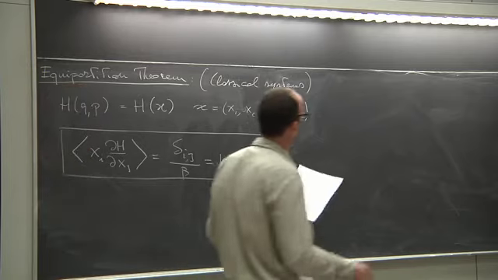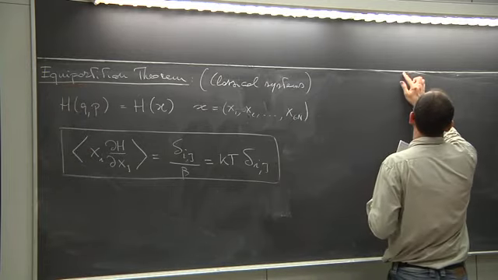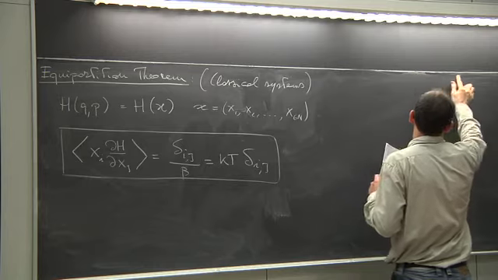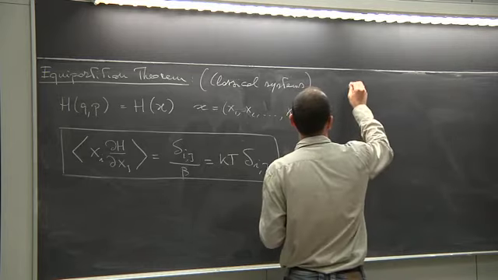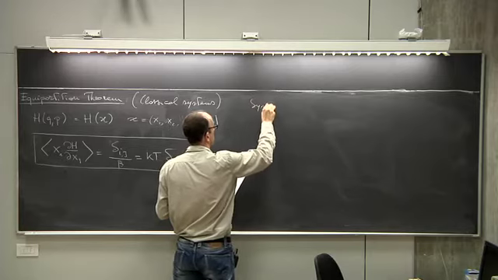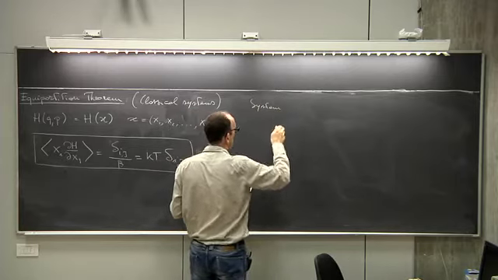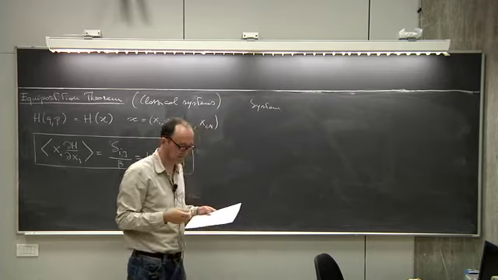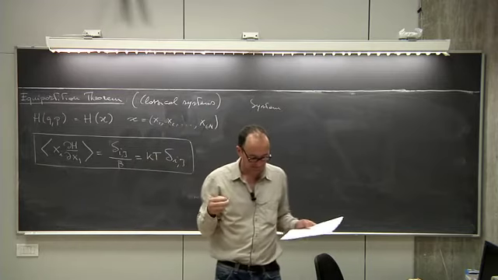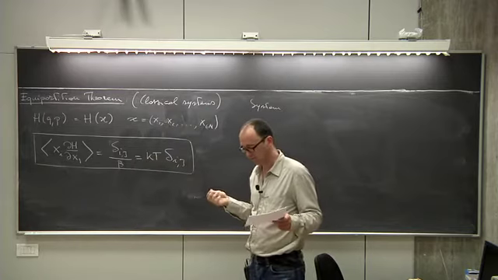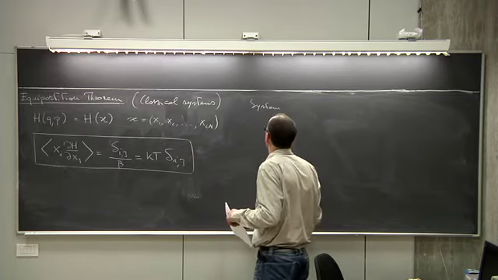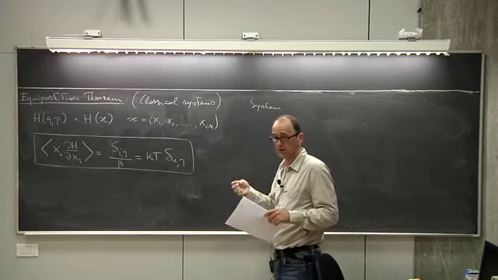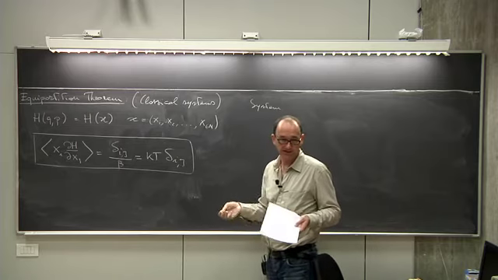So now imagine that I have a system which can be described in canonical coordinates by a quadratic Hamiltonian.